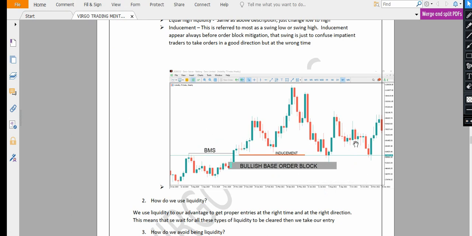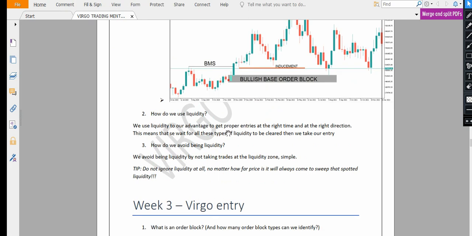Now, how do we use liquidity? This is the second chapter. We use liquidity to our advantage to get proper entries at the right time and in the right direction. This means that we wait for all these types of liquidity to be cleared, then we take our entry. Simple as that.